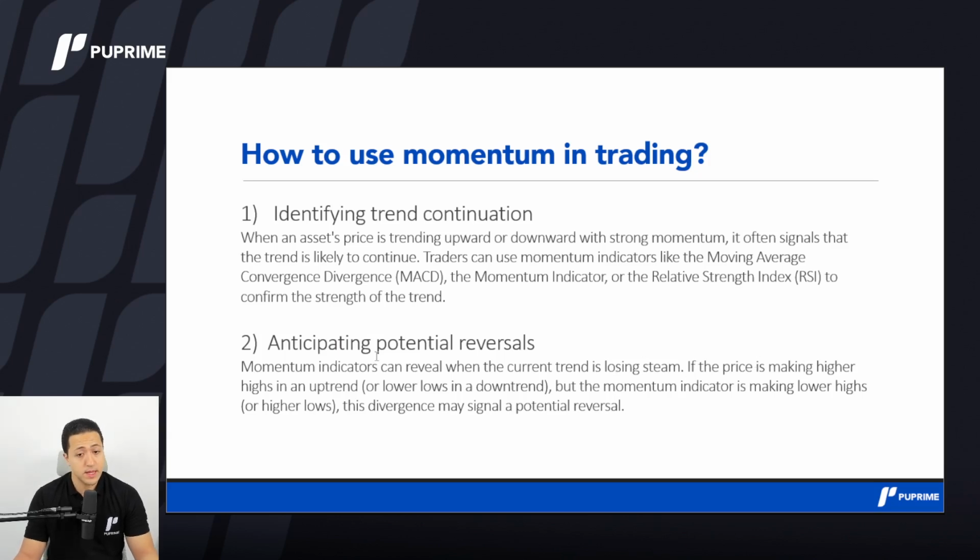That's pretty simple. So momentum indicators can reveal when the current trend is losing steam. If the price is making higher highs, but the momentum, okay, there is a word here that says divergence. And we will have to talk a lot about divergence, because guess what? All of the technical indicators in the market are lagging indicators. Whatever indicator you're using, it will always lag the price. Why?